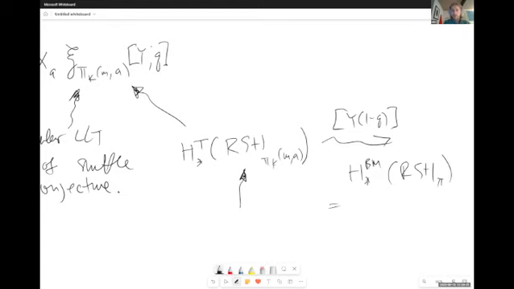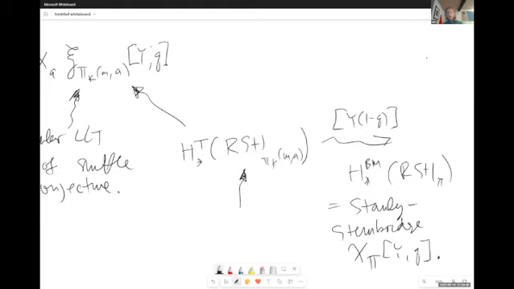And so this is Stanley's chromatic symmetric function, Stanley-Stembridge, chi pi. This is the subject of the e-positivity conjecture, the statement that this guy is e-positive, and I believe I'm missing an omega here.